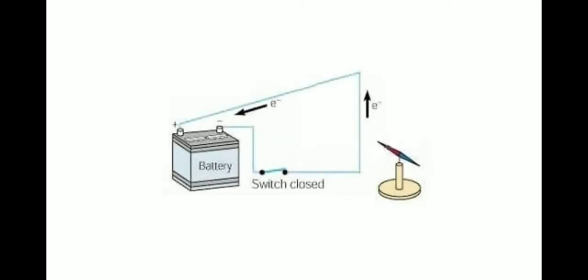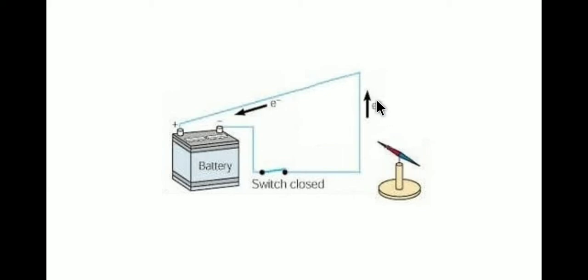When this magnetic needle or compass is taken away from the wire, as shown in the picture here, it was kept here and showed some deflection. Now when this compass is moved away from the wire and the wire still has current flowing, we observe that the deflection in the magnetic needle is reduced. As the needle is moved away, the strength of the deflection reduces, and from a certain point it will stop deflecting at all.